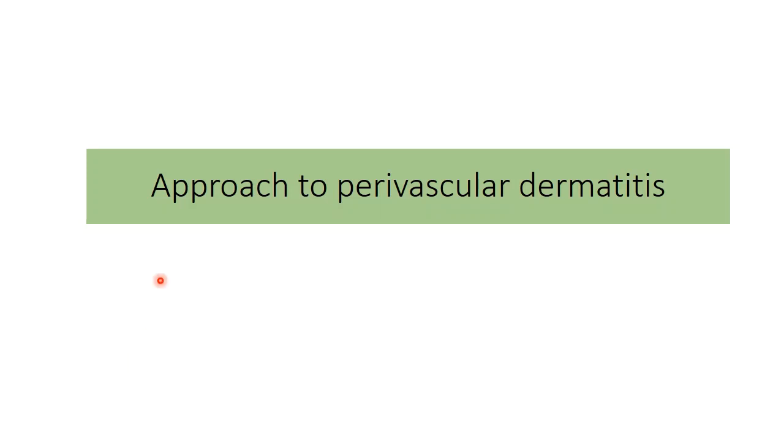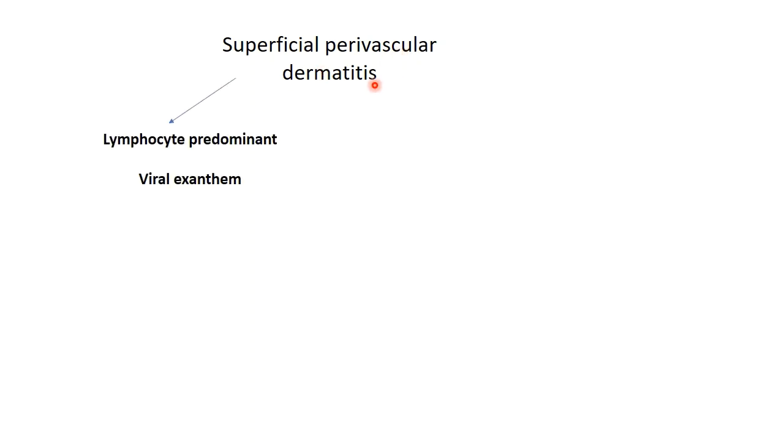Now we will see the approach to various perivascular dermatitis. Superficial perivascular dermatitis with the inflammatory cell population predominantly lymphocytes: most common is viral exanthem. If eosinophils are predominant, seen in arthropod bite reaction; neutrophils are predominant in erysipelas.